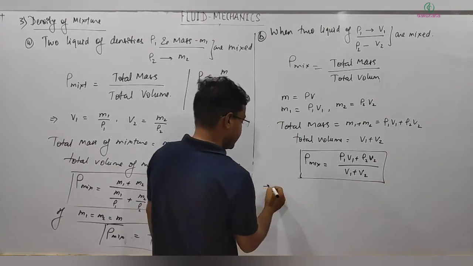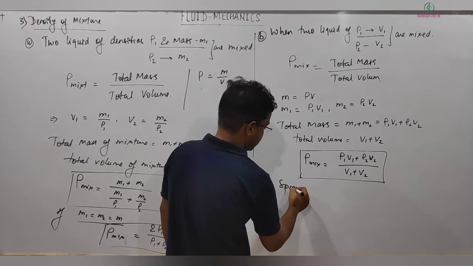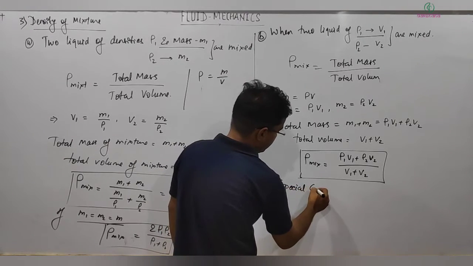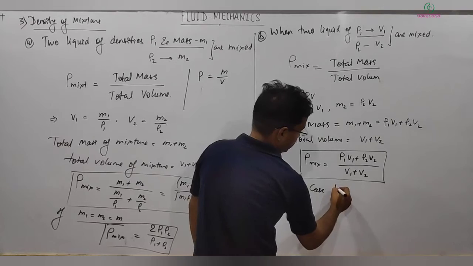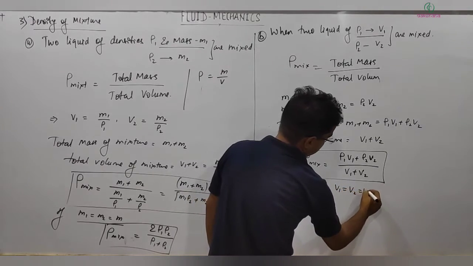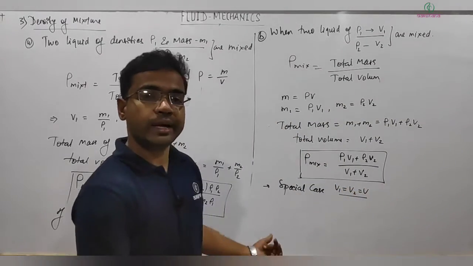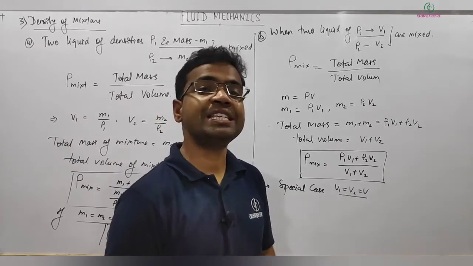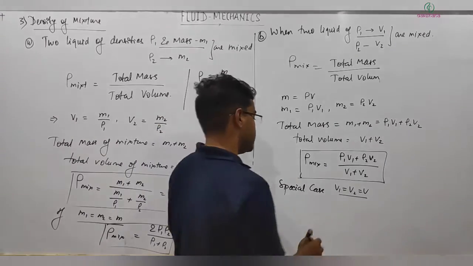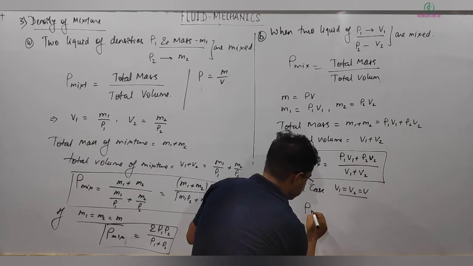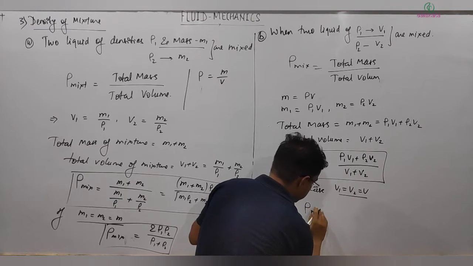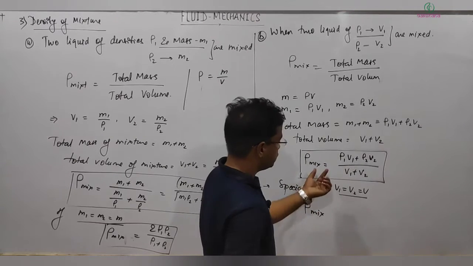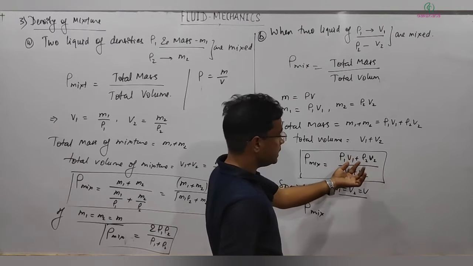So here also I can talk about a special case. What is that? When v1 equal to v2 equal to v, meaning two liquids of density rho 1 and rho 2 are mixed in equal volume. In that situation I will substitute the same thing. Make sure rho 1 and rho 2 are definitely different.